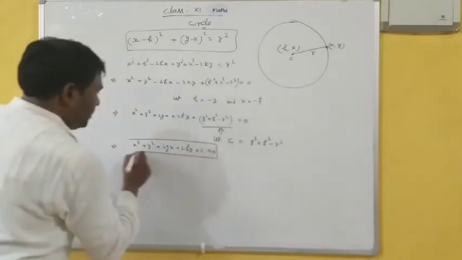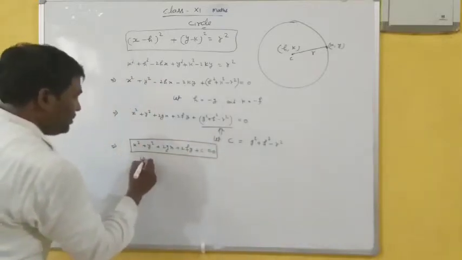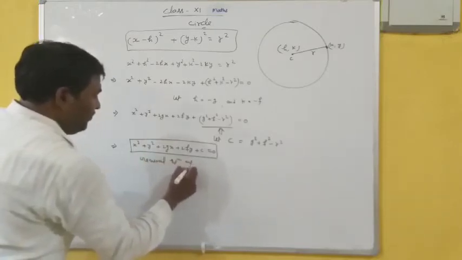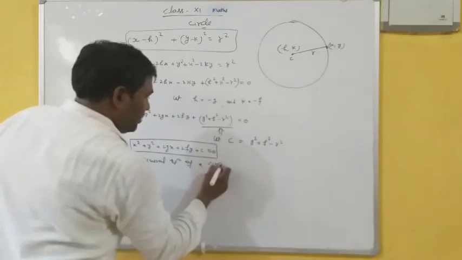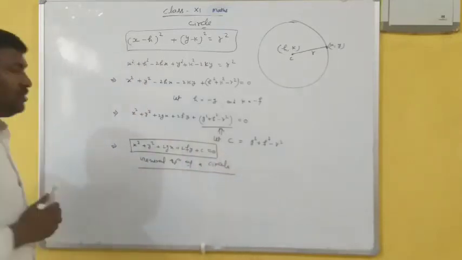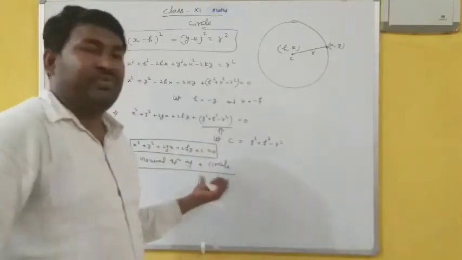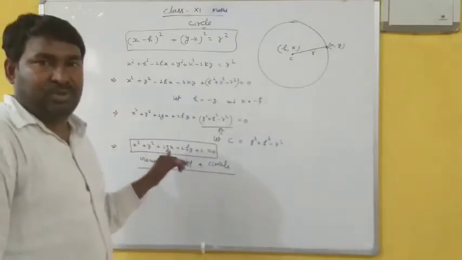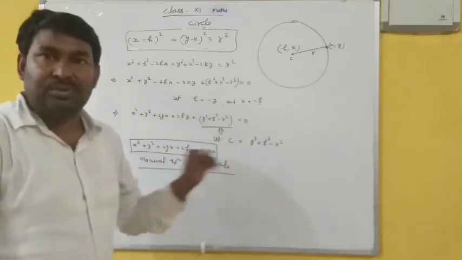This is the general equation of a circle. You need to learn the general equation of a circle: x square plus y square plus 2gx plus 2fy plus c is equal to 0.